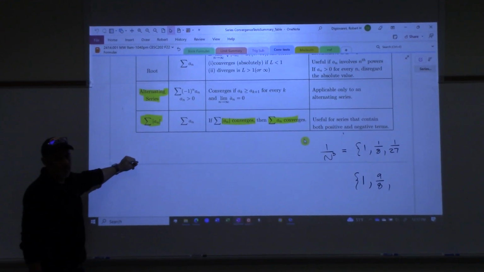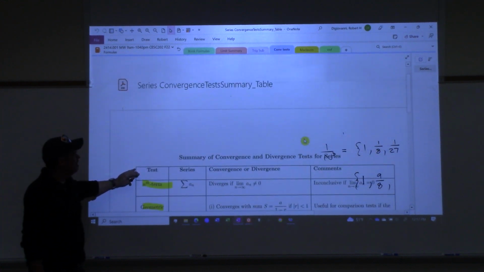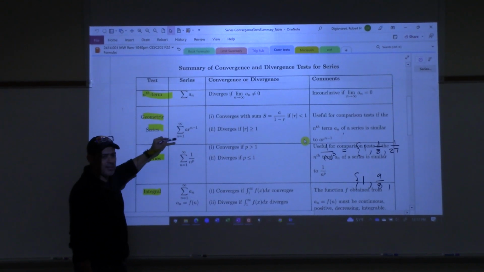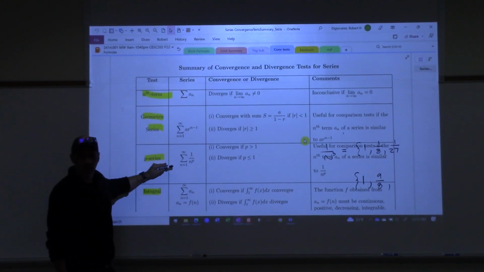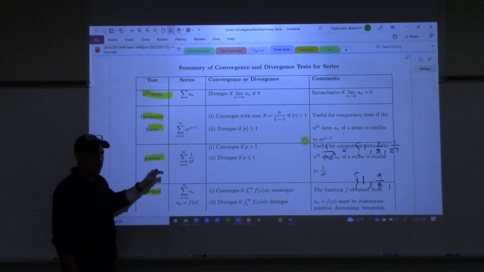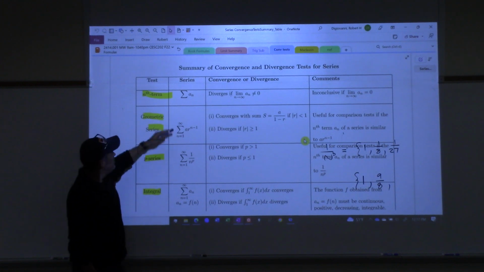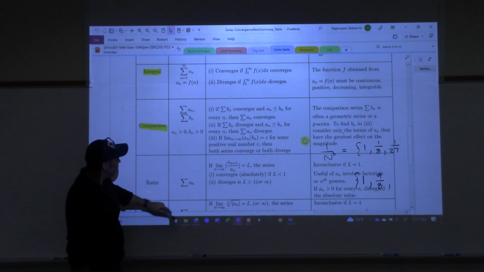It sounds more overwhelming when you say it quickly like that. Each test describes what series you're allowed to use it on, because these tests are not universal. Some of them only apply for certain looking series, like you have to have an alternating series, or you have to have this or that. So each test tells you exactly what type of series you have to be looking at.